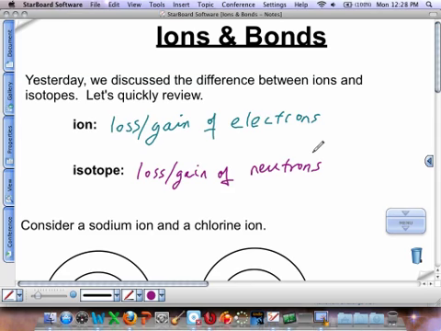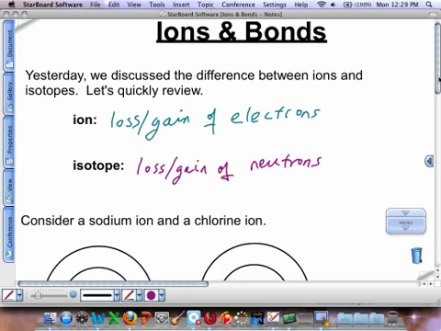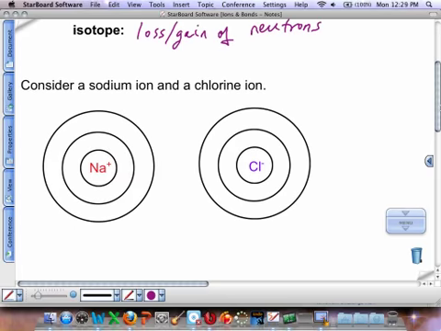All right, so let's do this again. I want you guys to draw me a model of a sodium ion and a chlorine ion. Take out your periodic table and build the models of these again.